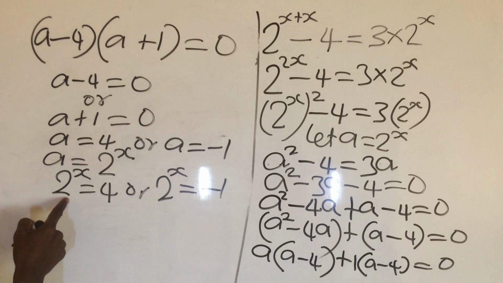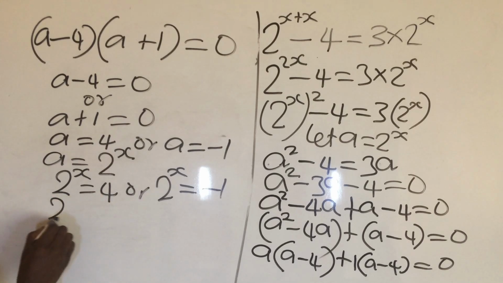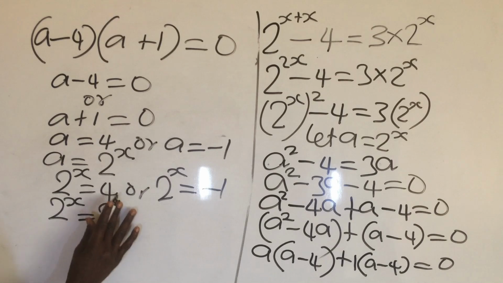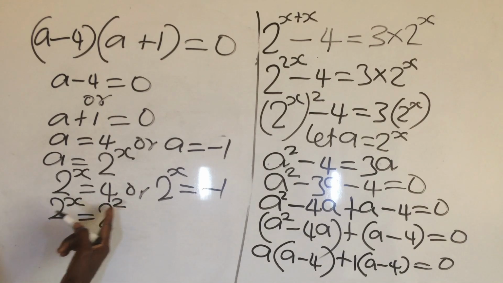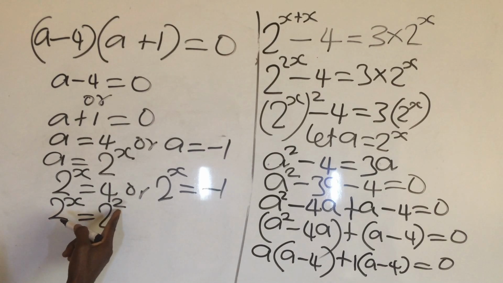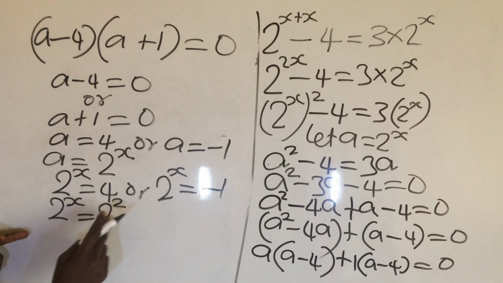Now, we are going to convert this to base 2, okay? Since we have base 2 here, 2 times 2 is 4. It means 2 raised to power 2. For this side, since we have the same base, we now pick the powers as our answer.